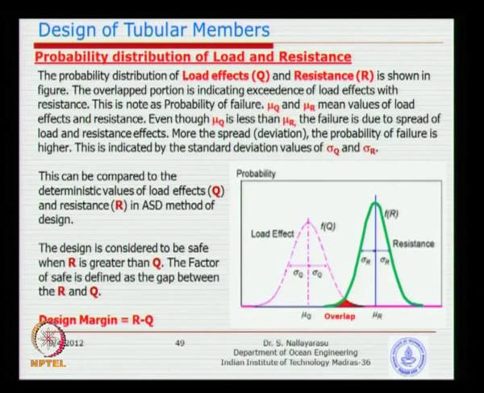LRFD can quantify the safety of a system or a structure. The design margin in allowable stress, as we defined earlier, is always the difference between the allowable stress and the applied stress, whereas in LRFD the design margin is the probability of failure. If you have a 2% margin, basically you are designing for 0.98 probability of non-failure.